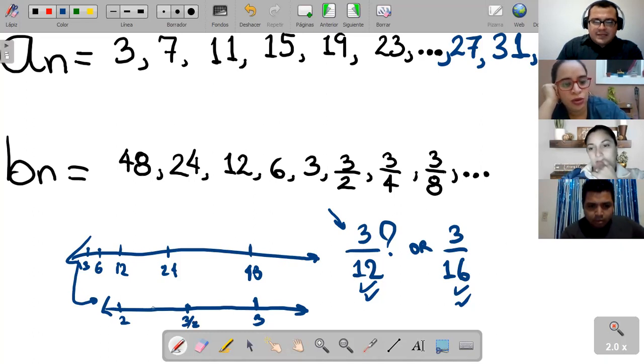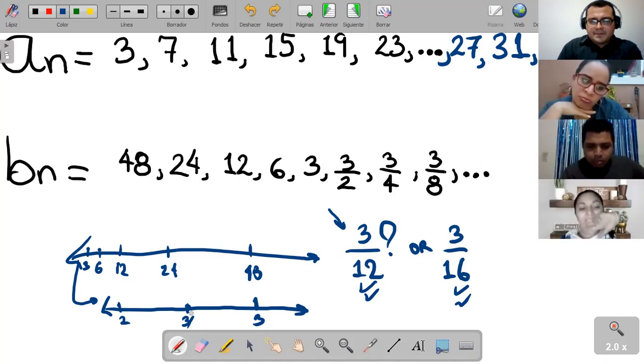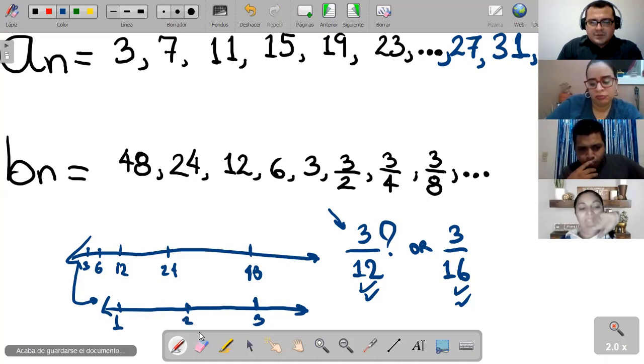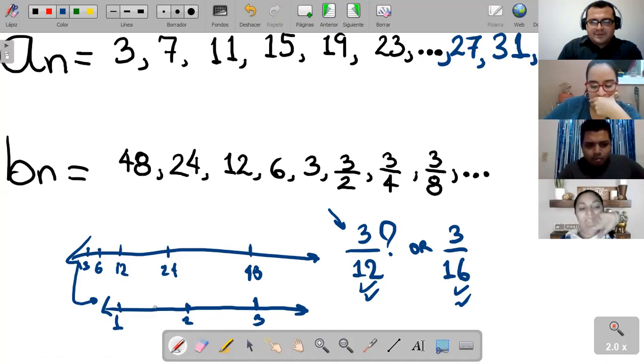Yes, this is going to be 3.5, because it's between 1, 2, and 3. And the half of 3 is 3.5, which is like 1.5 over there.